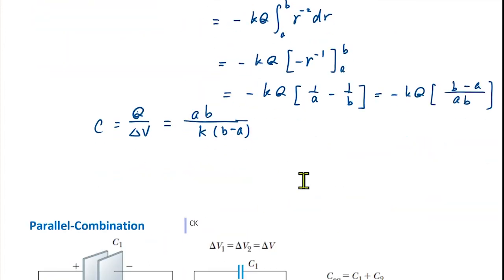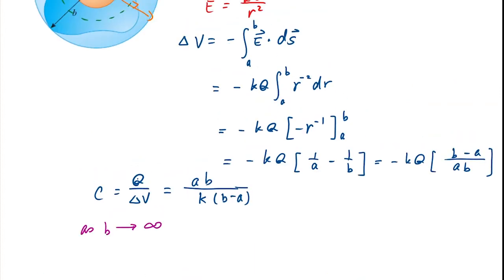So far, so good. But just to show that this is the same answer as the first one, let's do this. As B approaches infinity, let me go back to this delta V. If you take the limit of delta V as B approaches infinity, using this expression, that becomes negative kQ over A, because this term dies.